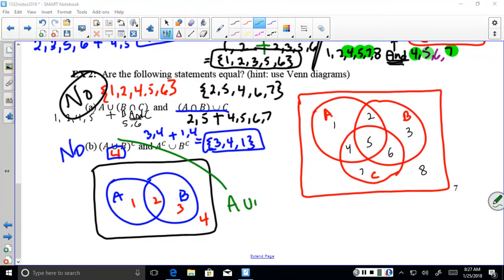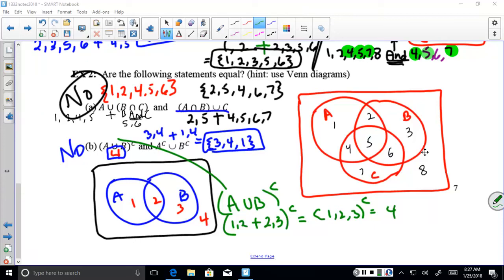Let me show you this first one a different way real quick. A union B complement. If I took everything in A, which is 1 and 2, plus everything in B, which is 2 and 3, and I'm going to be complementing that. Then I'm going to complement 1, 2, 3, which is 4. Okay? So you look at this and you think, oh, yeah, they're equal.